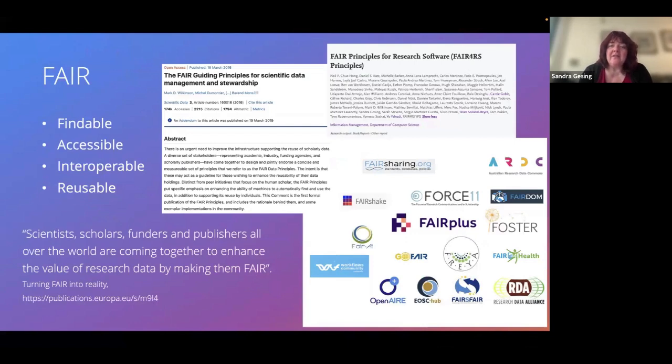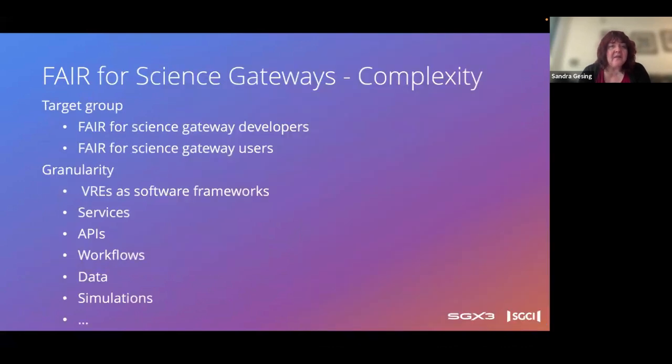And it started with the one from 2016, the FAIR guiding principles for scientific data management and stewardship. And there are now many additional ones: FAIR principles for research software, for models, for hardware, for different things. It was really an uptake of FAIR in the last years.